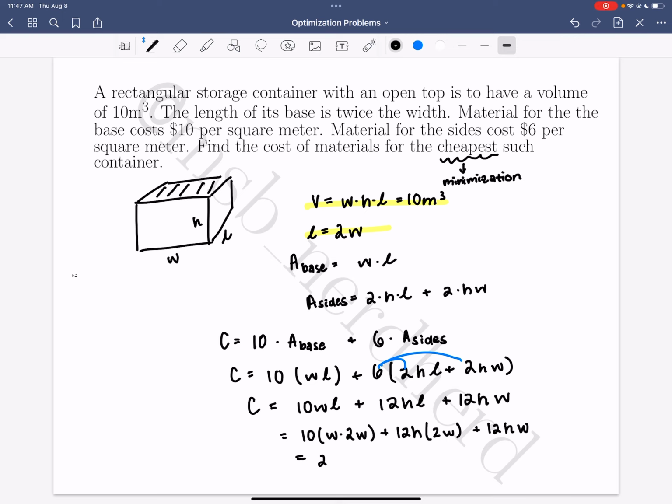That's going to go ahead and give me 20W squared plus 24HW plus 12HW. We still have an H, we still have a W. That is not what we want.